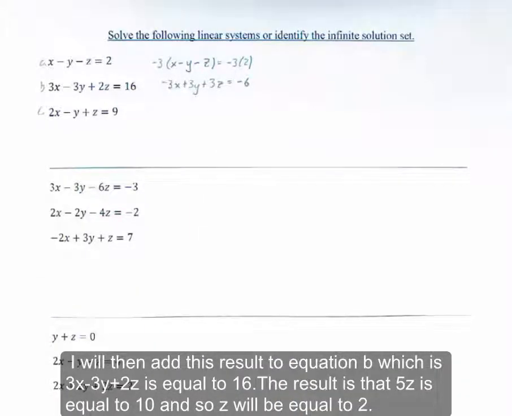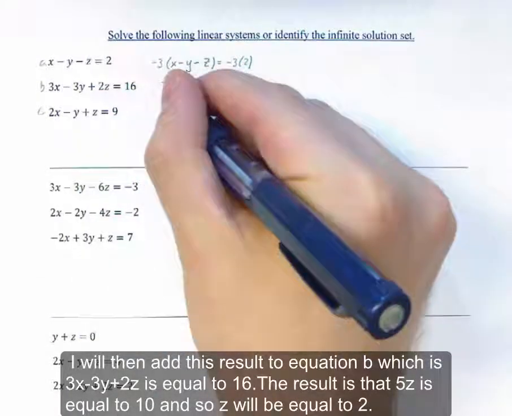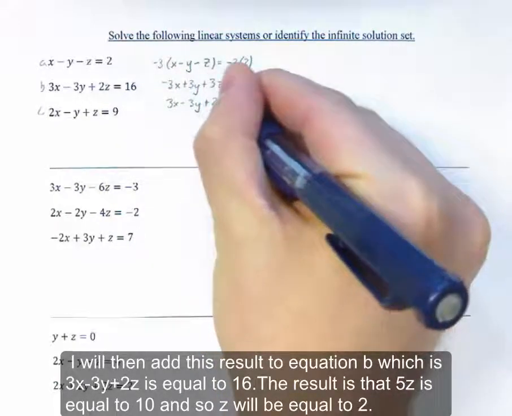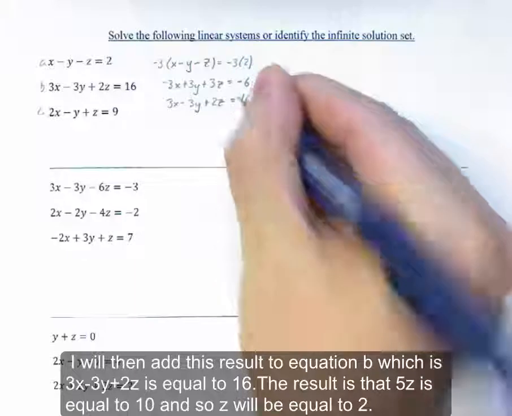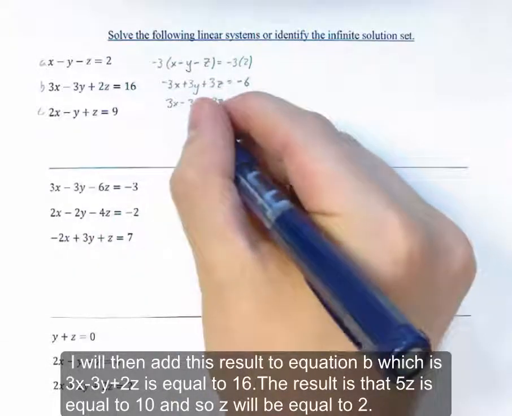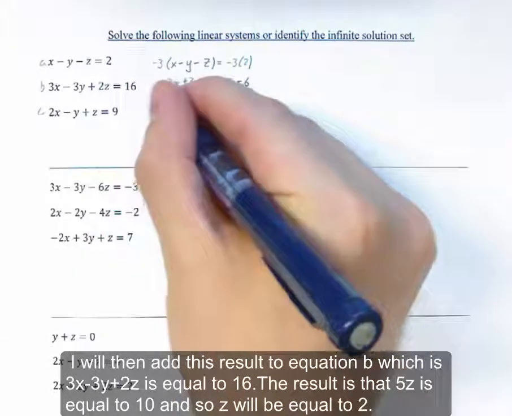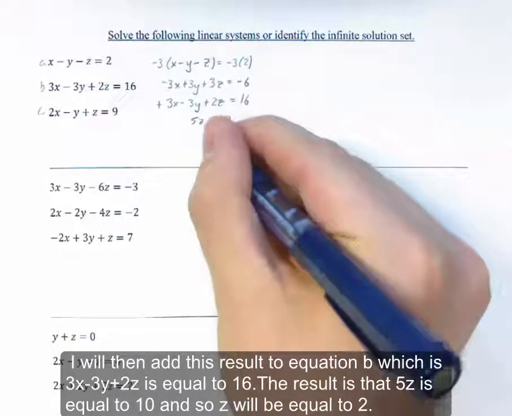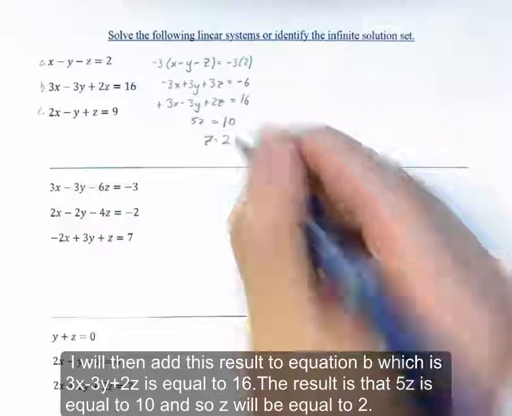I will then add this result to equation B, which is 3x minus 3y plus 2z is equal to 16. The result is that 5z is equal to 10, and so z will be equal to 2.